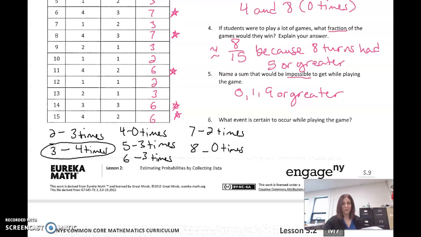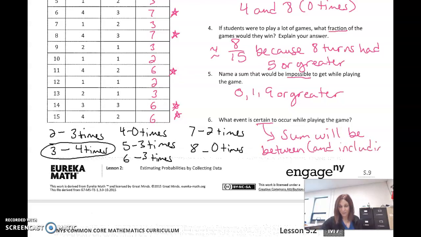Number 6 asks which one of these is certain to occur. It's hard to say when you think of it in terms of which answer you can pick that's certain, so think of it more in terms of range. We can't be certain that a sum of 2 is going to be spun after 2 spins. We can't be certain there's going to be a sum of 5. But we can be certain that the sum will be between, and including, 2 and 8.